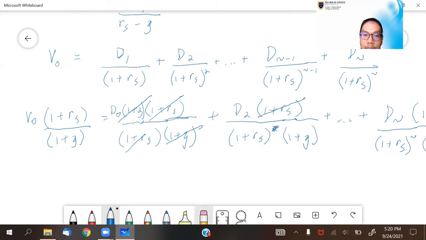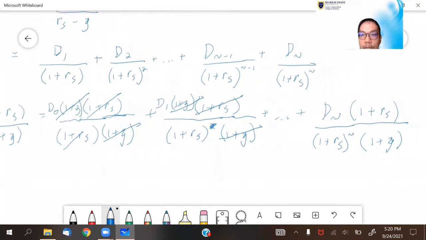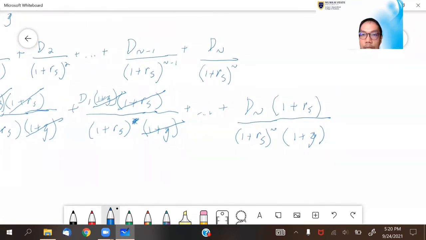Okay, and D2 is what? D2 is D1 that grows, right? So you eliminate this one, you eliminate this one, and so on, right? Here, this one, you can see you eliminate this one. Now the infinity will become what?